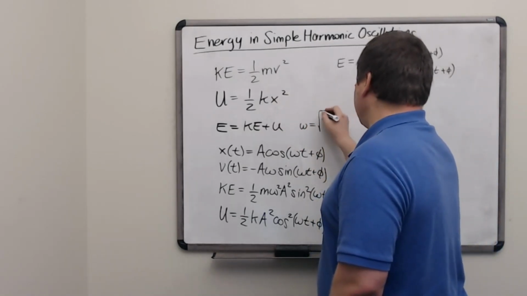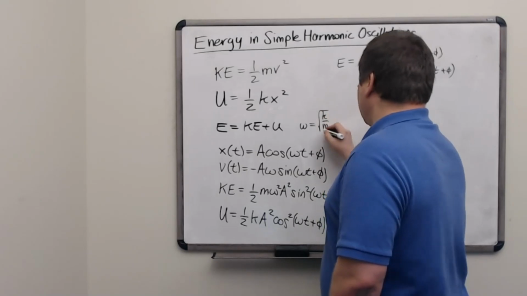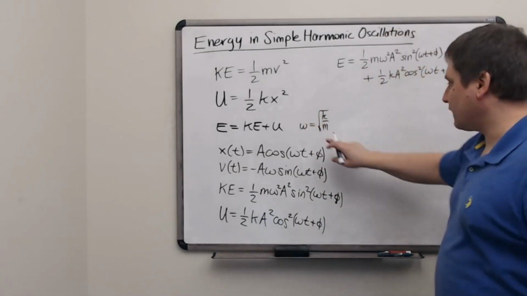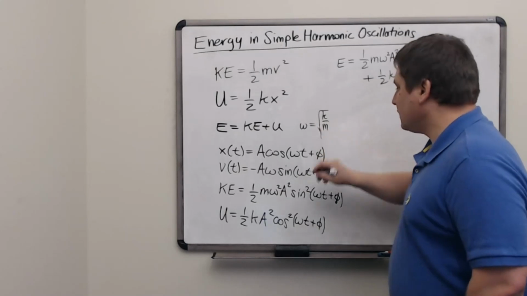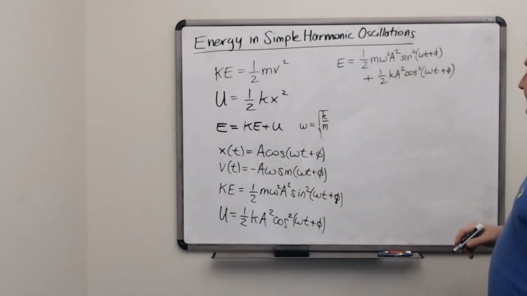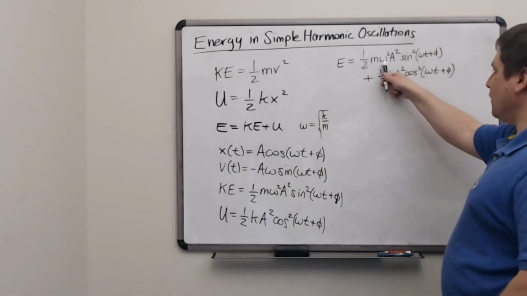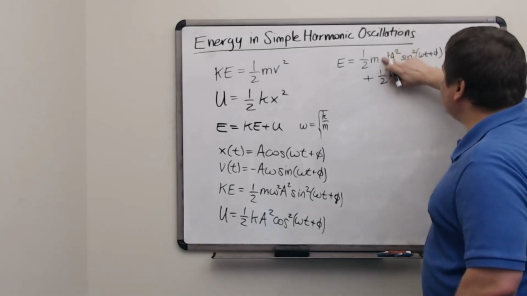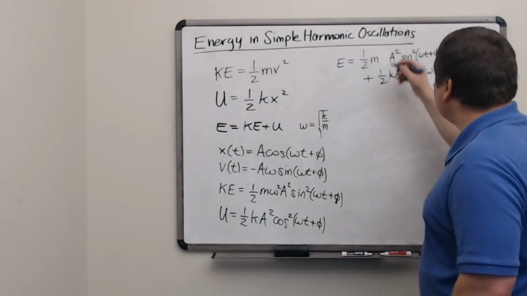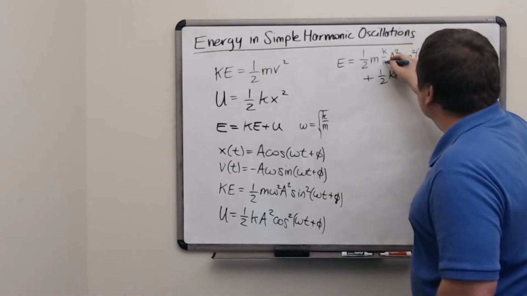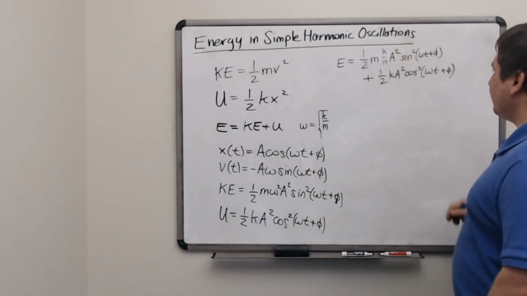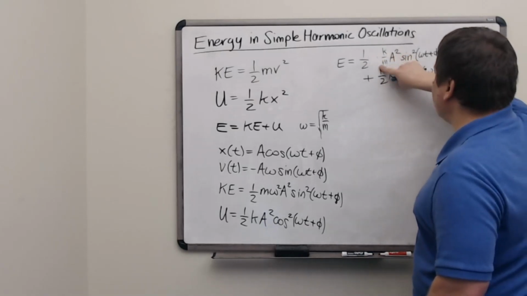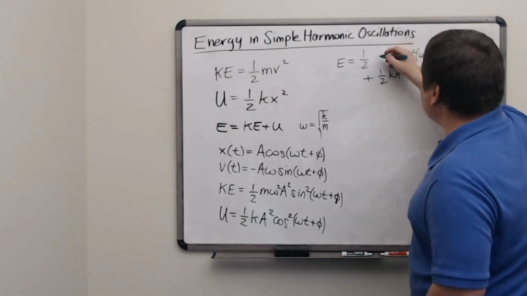They're not all independent. Omega must be equal to the square root of k over m for this to be a solution. In the energy expression, we see omega squared appears here. So omega squared could be replaced with k over m. Then the m's would cancel each other out, and we would end up with just a k.